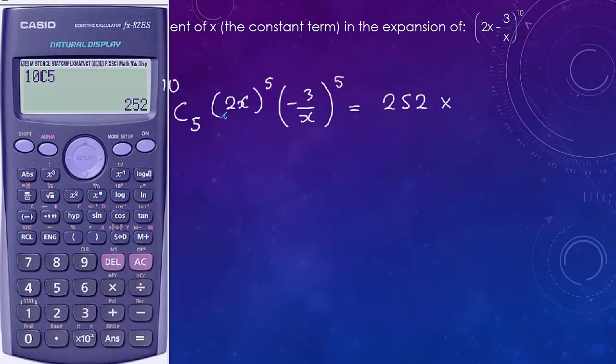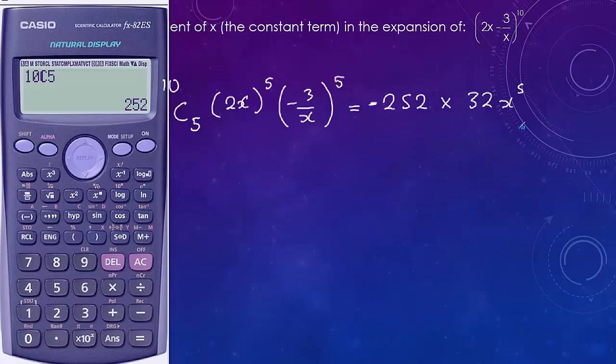Now I have 2 to the power 5, so that's 32. And of course we've got the x to the 5 there. And then this is negative to the power 5, so overall this is going to work out being negative.